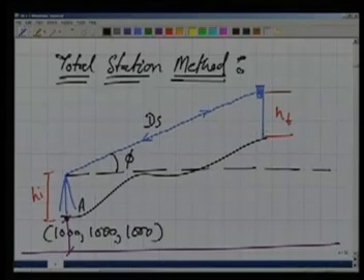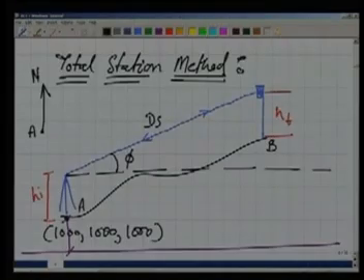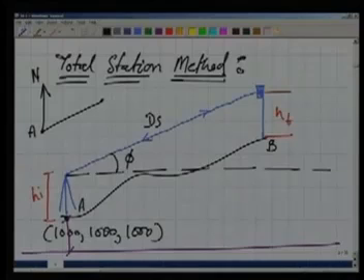In addition, if this point is A and here it is B, then at A, if I draw this in plan, this is the direction of north. North means azimuth, any fixed direction which we have taken as our y-axis. And the point B is here. So the total station also observes in its horizontal circle the angle theta.